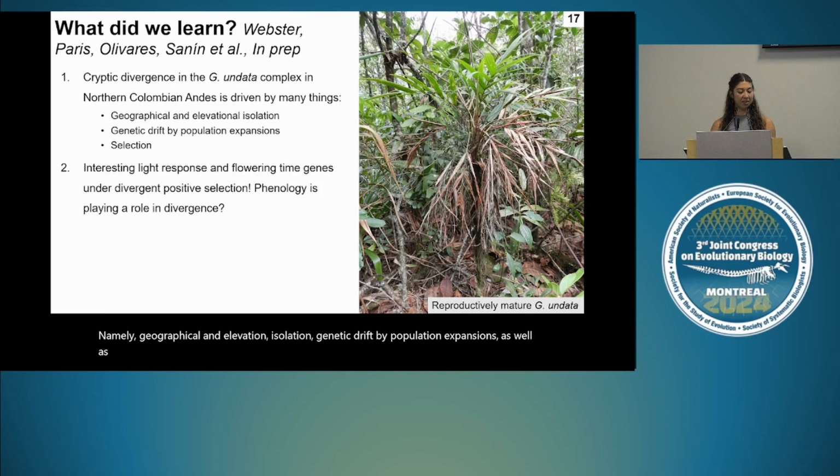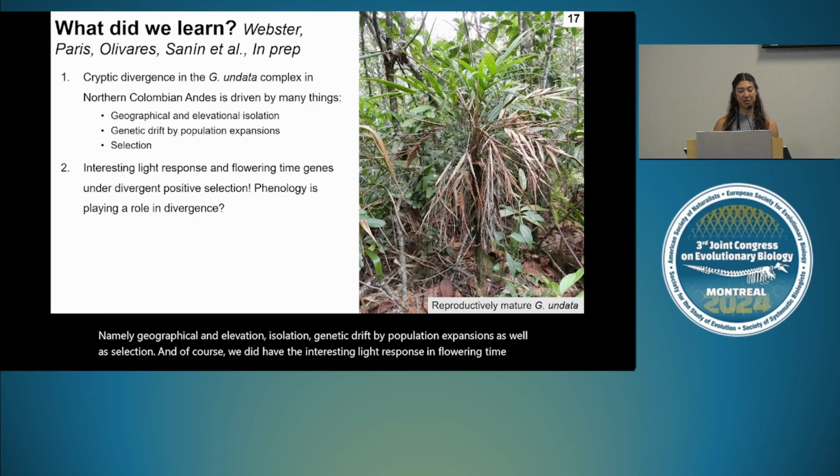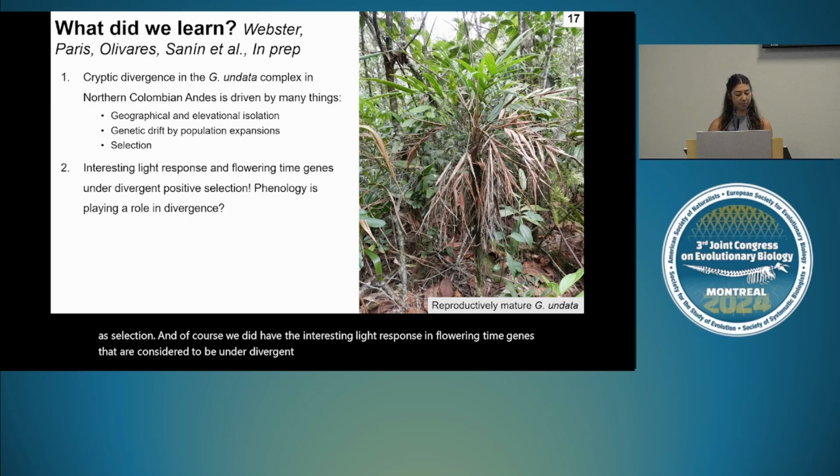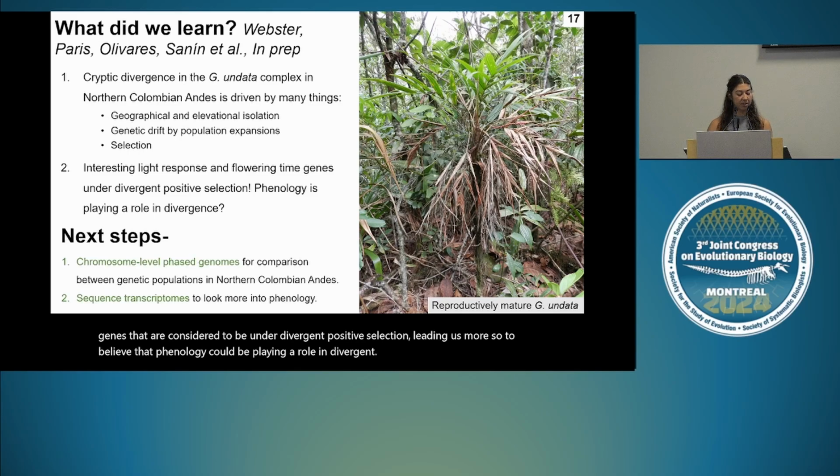And of course, we did have the interesting light response and flowering time genes that are considered to be under divergent positive selection, leading us more so to believe that phenology could be playing a role in divergence. For future directions, I'd like to look into sequencing chromosome-level phased genomes for comparison between genetic populations in the northern Colombian Andes, as well as sequencing transcriptomes to look more into phenology playing a functional role in divergence.